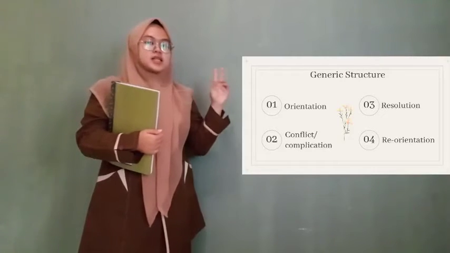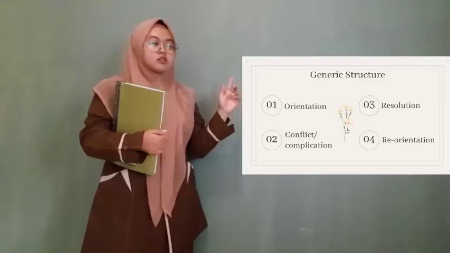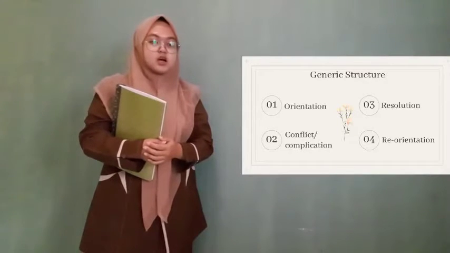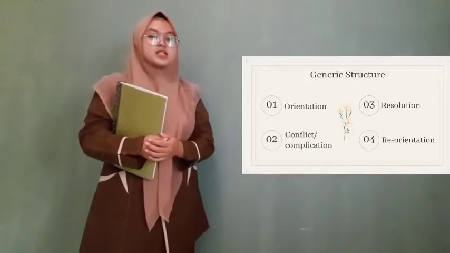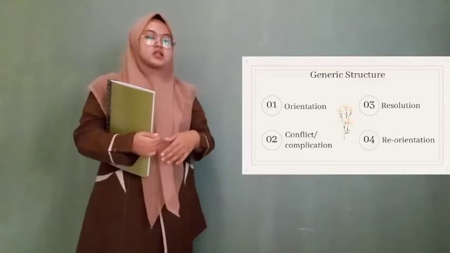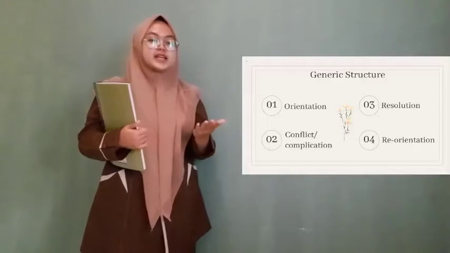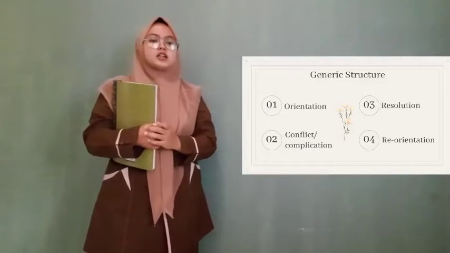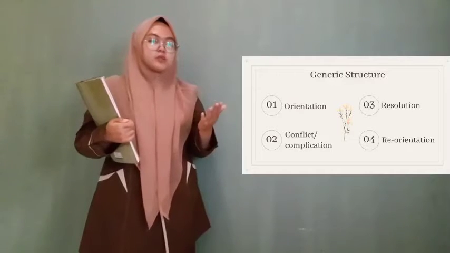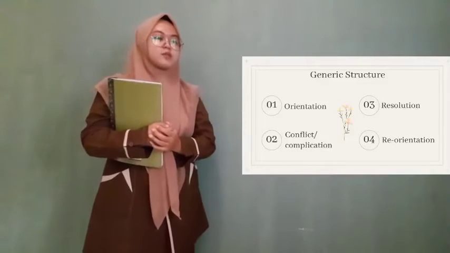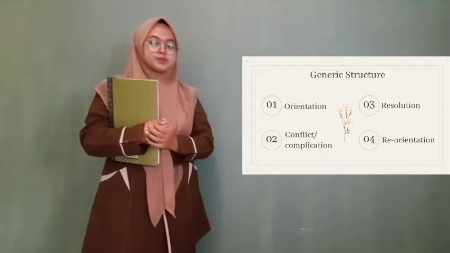Next, the second is conflict or complication. It is about where the problem in the story develops. So it is the sequence of events from the start of the conflict until its climax.